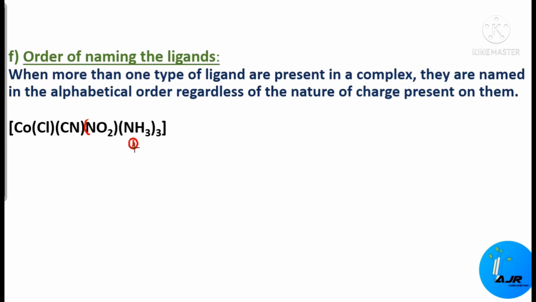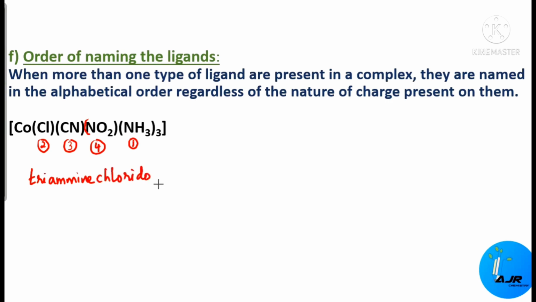Amine, and then comes chlorido, second, and then cyanido, third, and then nitrito, fourth. So how will you write the name of the compound? Try. How many amines are there? 3. So try amine. Then chlorido.